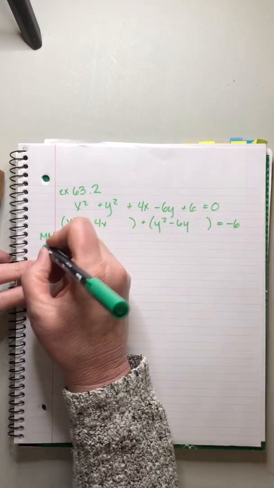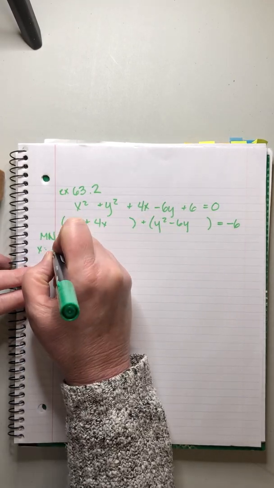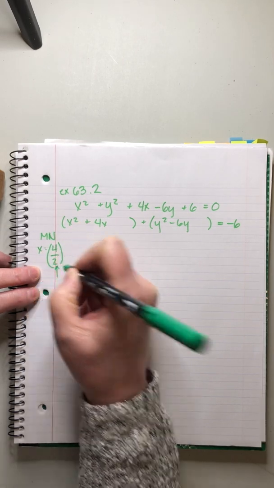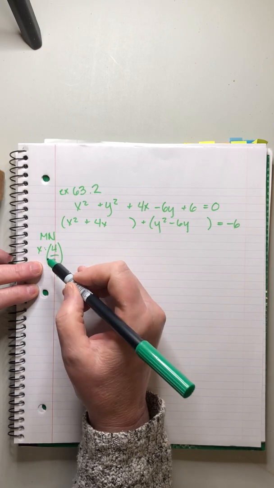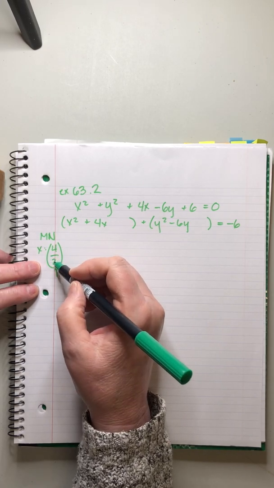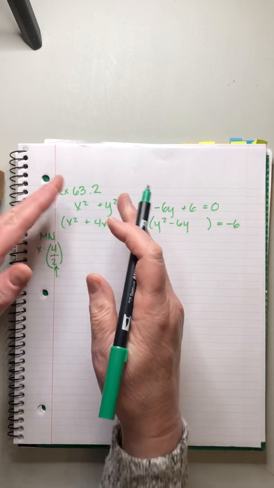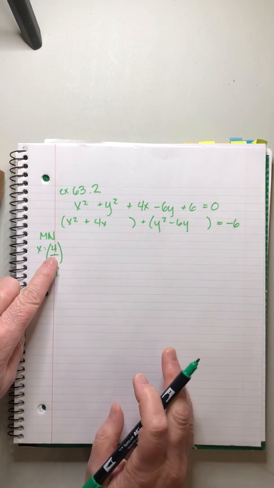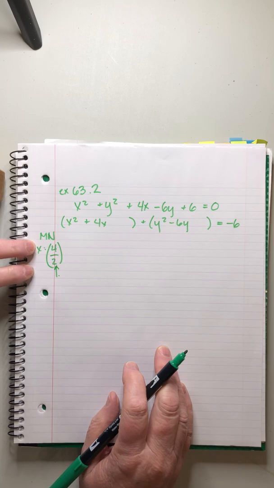And what I do, so for the x's, it will be 4 divided by 2, and I draw an arrow to what's inside the parentheses because that's what we'll actually write in the binomial. I'm calculating the magic number as what we'll add as the c value, but when we collapse that from a trinomial down to that perfect square that we created, this is what will go in the binomial version.